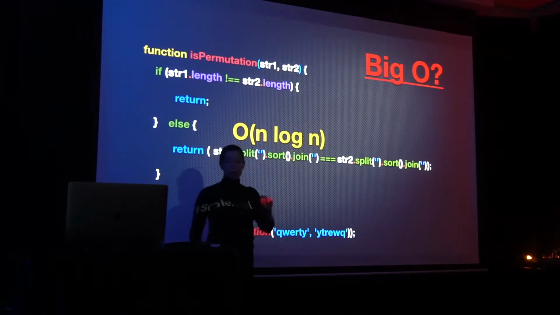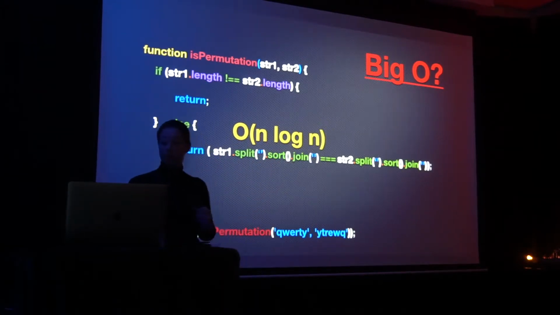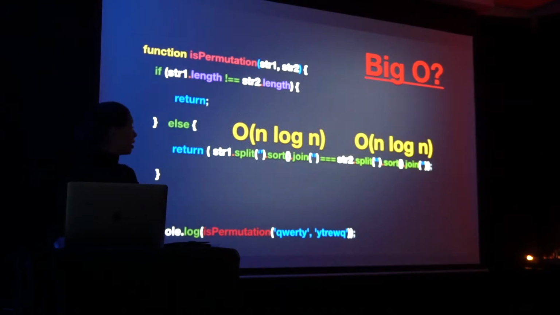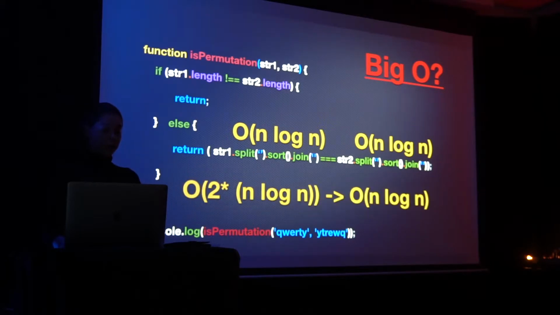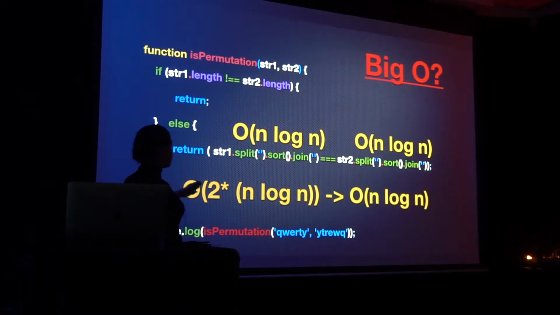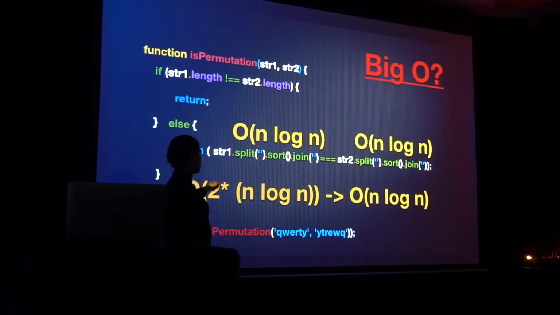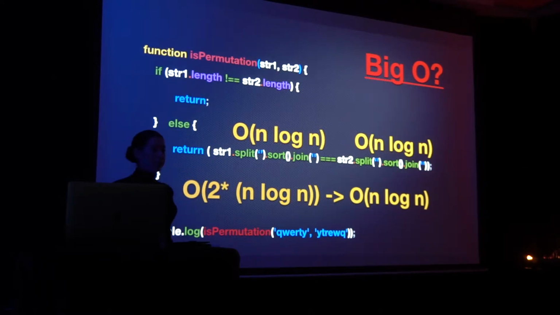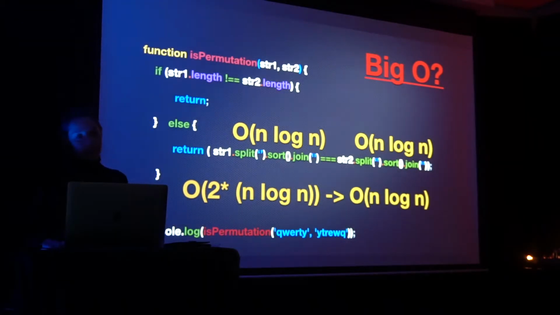Here we use it twice. And at the end, the complexity of our function is 2 multiplied by n log n. Every time you can reduce the constant, so at the end, the complexity is n multiplied by logarithm n.